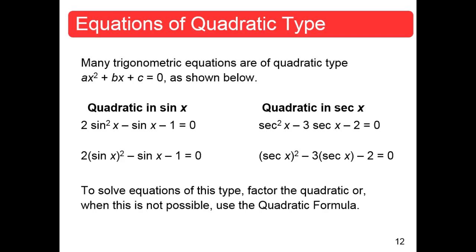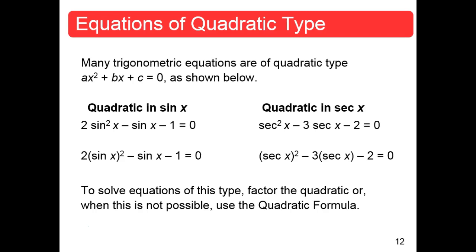Okay, and say, well, what's the only possible factorization of 2 sine squared x? It's 2 sine x times sine x. You look at the sign of the last term, plus or minus, so we're going to have to try both of those, and then the only way you can factor 1 is 1 and 1. And then you try that, see if any of those factors will work. Same thing here.